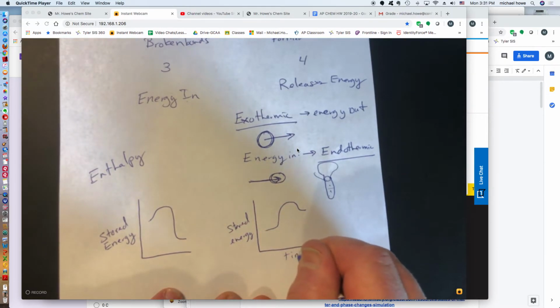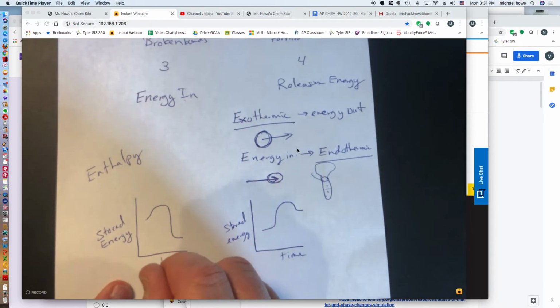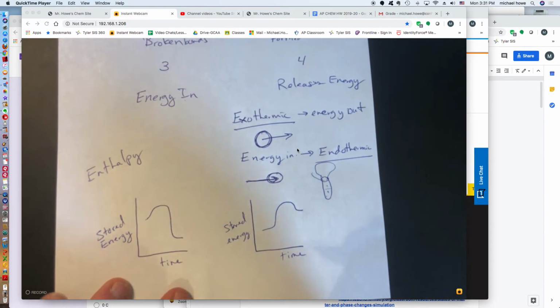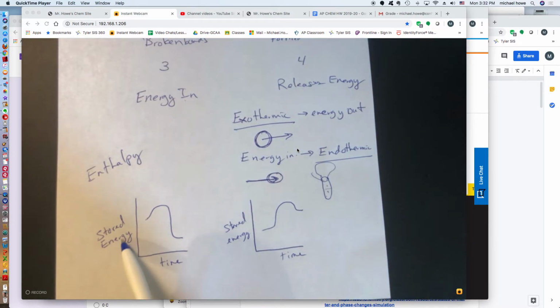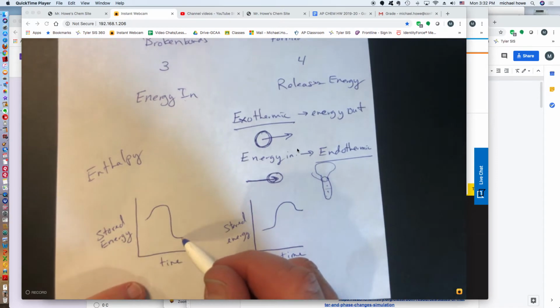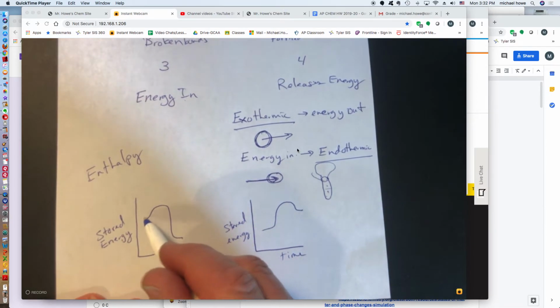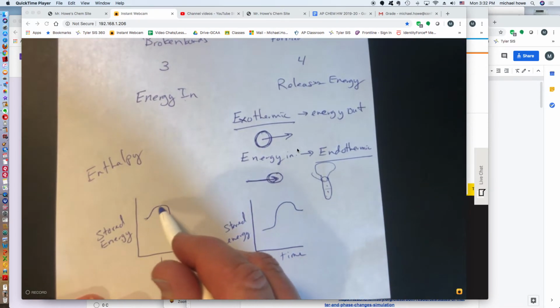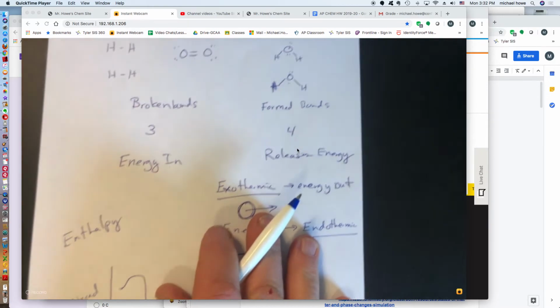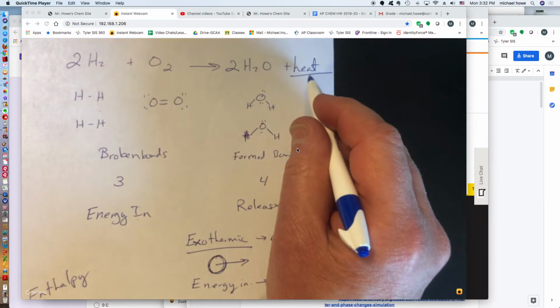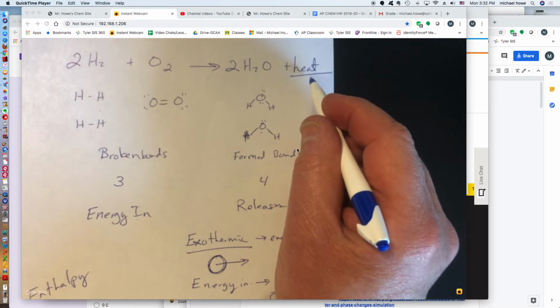This is time as the reaction proceeds. So chemical reaction proceeds. Which reaction has an overall loss of energy where you end up with less stored energy than you did at the beginning? So that would be this one. Since you have less stored energy, that means that energy got transferred into something you could see. And so that would be like this one up here where we have the explosion and the heat is released.